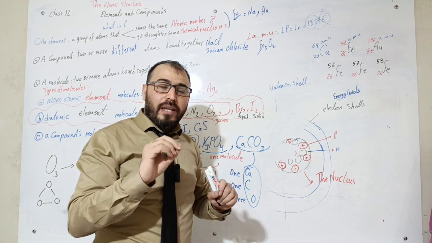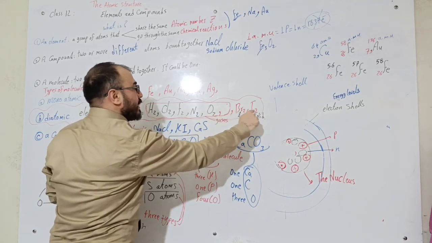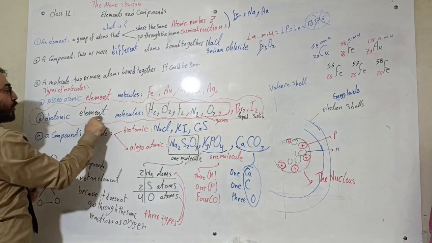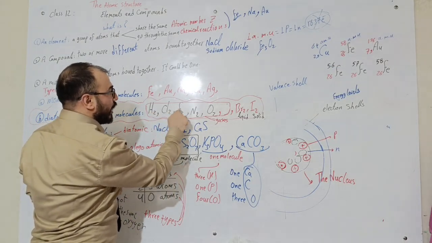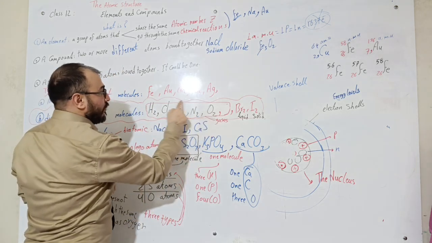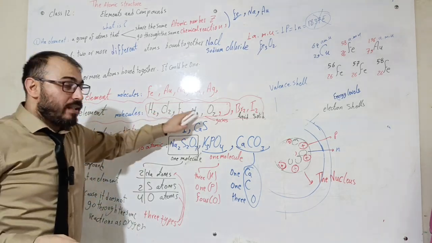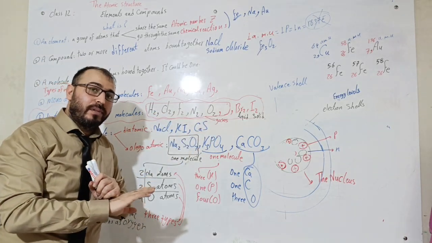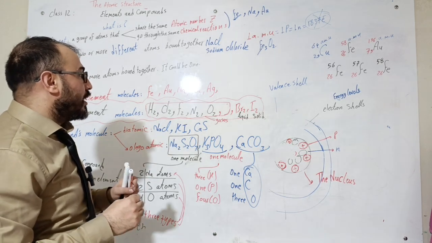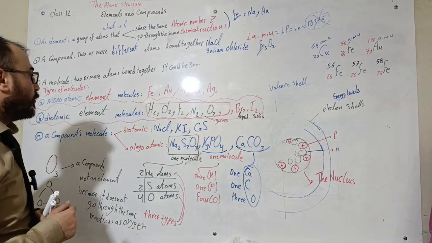If you can memorize only the elements in the periodic table which are represented as diatomic element molecules: hydrogen, chlorine, fluorine, nitrogen, oxygen, bromine, and iodine. Those first 5 are gases, this one liquid and this one solid. If you can memorize them, you're going to finish this problem once and for all, because they are the only elements in the periodic table that can be represented as diatomic element molecules.